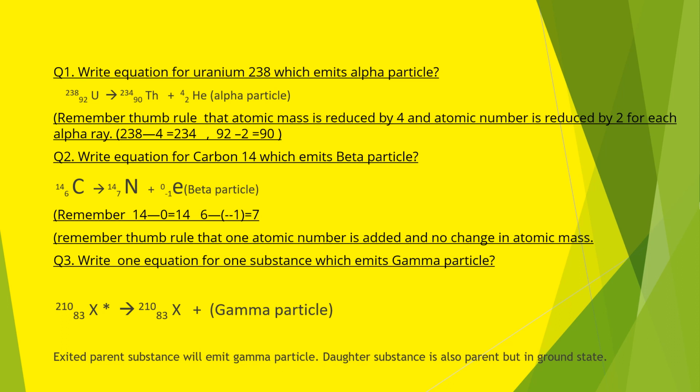In the same way you can see it, and also gamma particles, only excited. It is shown how it has to be represented. The parent one is given an asterisk mark, and on the right side, there is the same atomic number and mass number but no asterisk, which denotes that it is in the ground state, plus a gamma particle.